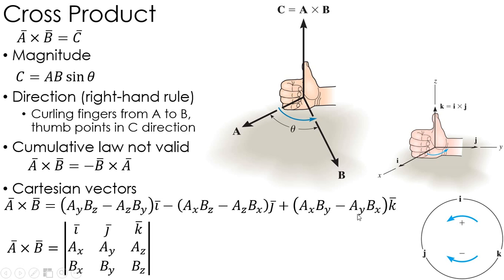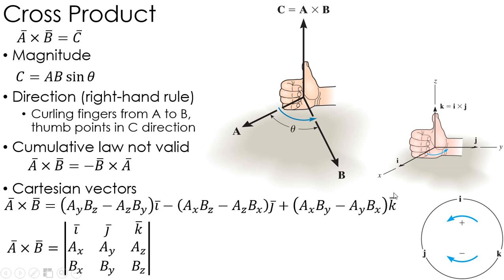Conversely, j cross i, because of this negative sign, gives me a negative k. Or I could take my right hand, go from j to i, and my thumb will point down in the negative k direction. So what I have here is j cross k gives me a positive i.